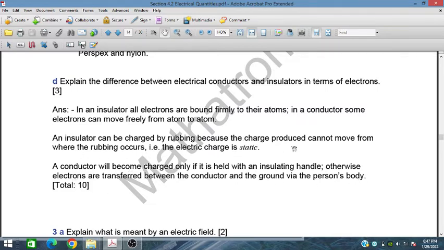An insulator can hold this kind of charge, but a conductor can only if it is held with an insulating handle. This is the main difference between electrical conductors and insulators in terms of electrons.